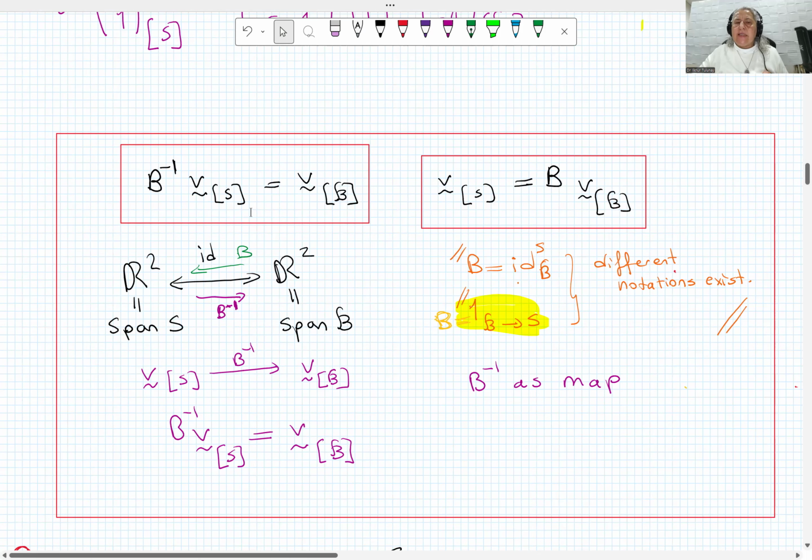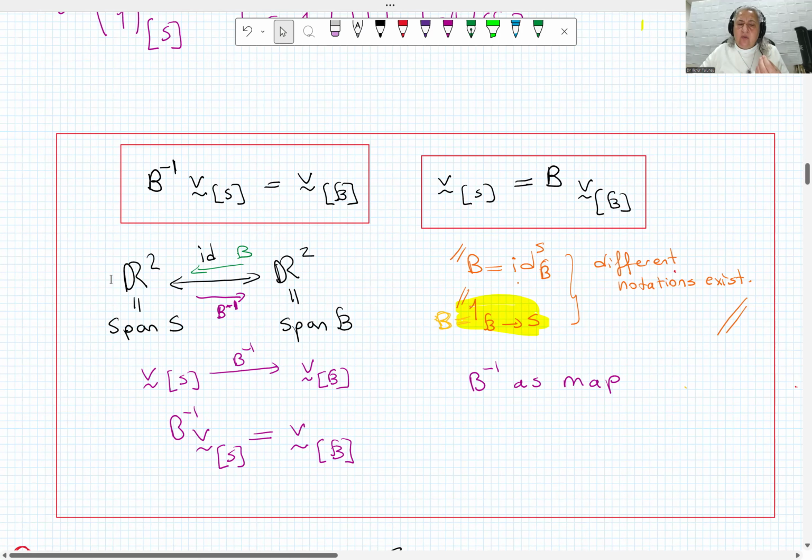B inverse Vs is equal to Vb, or equivalently, if you multiply B on this side, you will have exactly this one. If you multiply B inverse from this side, you will find this one. So from here to here, they are equivalent. This equation is equivalent to this equation. So thinking about them like a map, we have an R squared and we have an R squared.